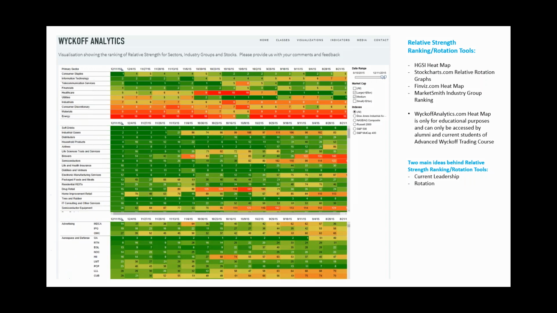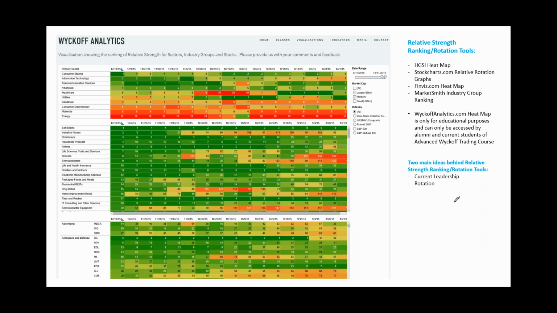And right away, I'm going to say that access to this particular heat map is only for our students. It's a very educational product. It doesn't contain a big universe of stocks. With other software, you will have 8,000 stocks. I think, and Howard, correct me if I'm wrong, that we have about 2,800 stocks in this universe.